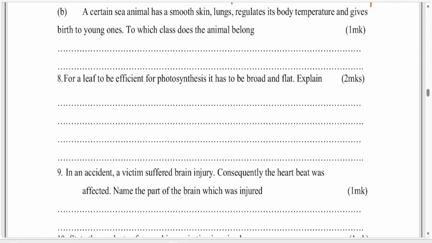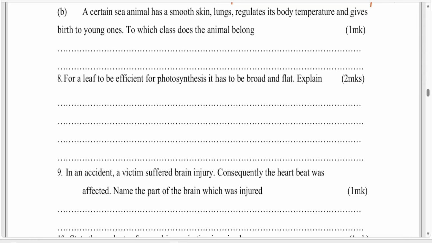And in these classes, organisms have unique characteristics that you may not find in the other groups. So when you look at the characteristics that you are given here, this organism is a sea animal with a smooth skin, has lungs, regulates body temperature and gives birth.